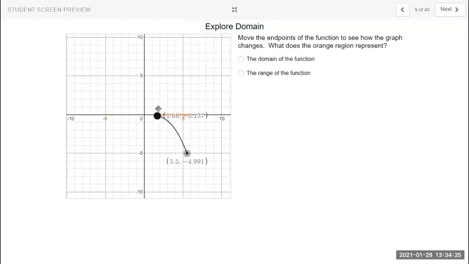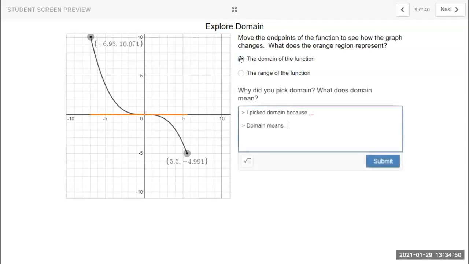If I move it like this, notice my orange line just got really short, versus up there, it was a lot longer. And that orange line is just showing how far left does it go and how far right does it go. It's covering every value of X that is graphed on this function. So if I put it up there, it's a lot longer again.